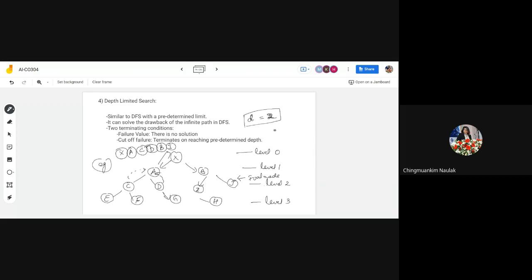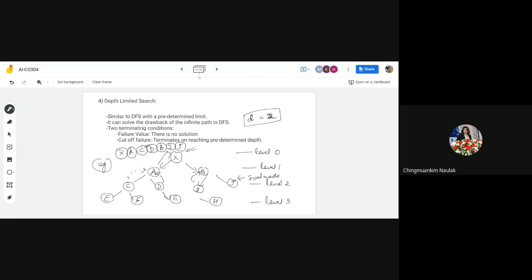The predetermined depth was 2, so you will not explore it. You'll go back to B, and B has an unvisited adjacent node J, and J is the goal node. So you have reached the goal node, and the final depth limited search that you got is X, A, C, D, B, I, and J.